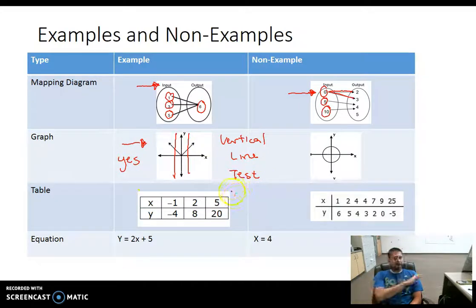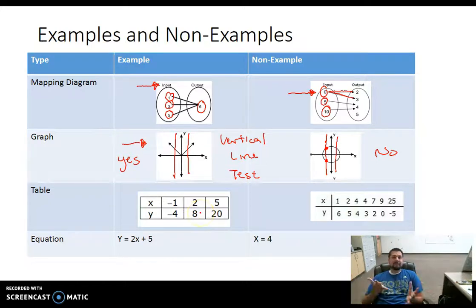If anywhere on the graph, not the entire thing, but anywhere on the graph, it touches more than once, like right here, for example, if I draw a vertical line right there, or over here, you'll notice that my line that I drew straight up and down touches the graph 2 times. And it's 2 or more. If it touches 2 or more times, then no, we are not looking at a function.